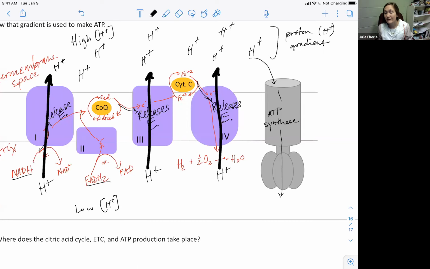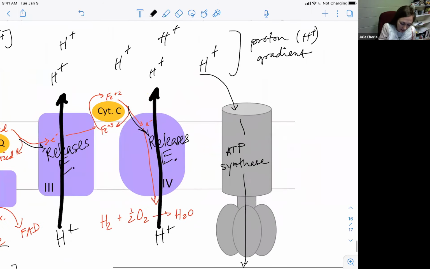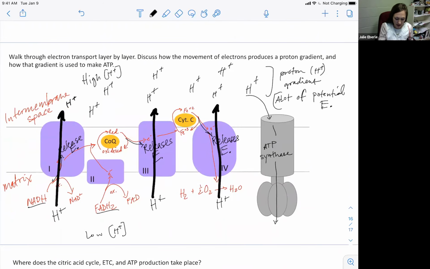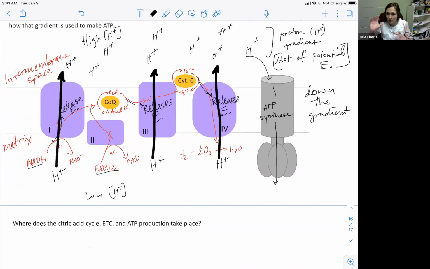Moving down the gradient releases lots of energy, especially when you have a huge separation of concentration, a huge separation of charge. This is associated with a lot of potential energy, okay? And moving down the gradient is what causes the protein complex to turn, the energy released from that.